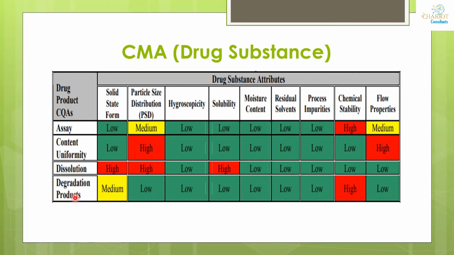Your solid state can also impact degradation, because different polymorphic forms have different chemical properties and different degradation pathways. Chemical stability: if the molecule is unstable, ultimately your drug product will be unstable. So these are the CMAs of your drug substance. For example, we have taken one example.